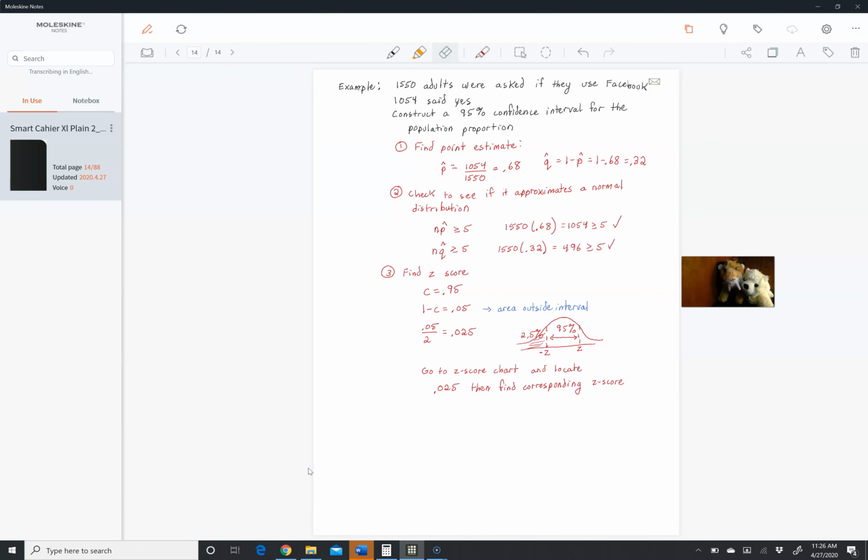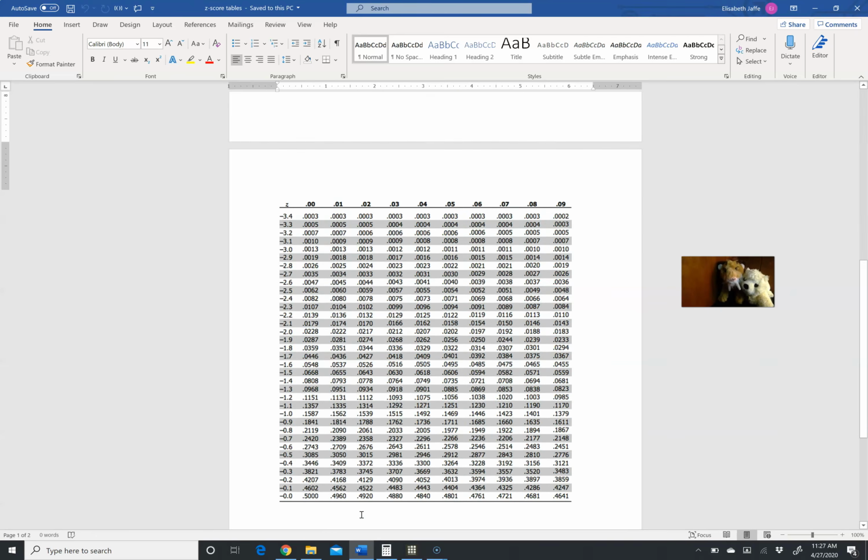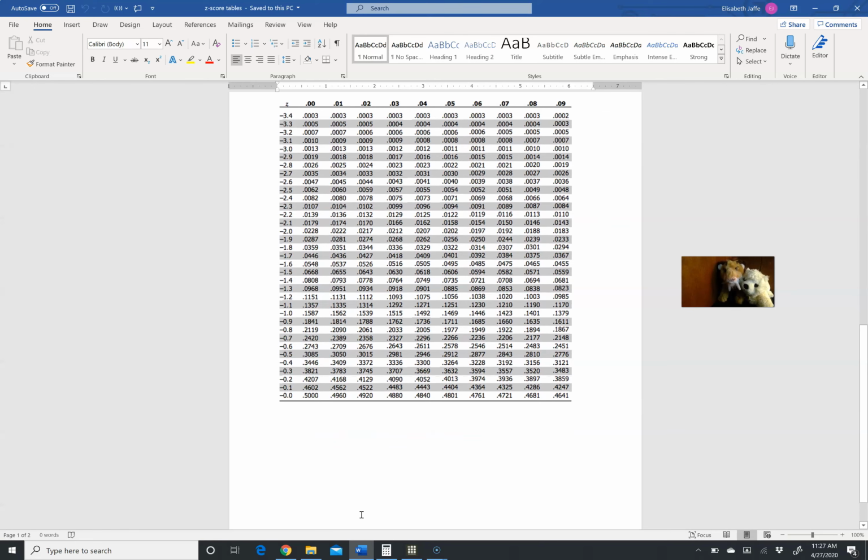We've done this before with a 95% confidence interval, but let's go to the z-score anyway. We're at 0.025, so we're going to be in the negative. We'll always be in the negative, but when we look at the z-score, we take the absolute value. So at 0.025, if we look for that number, we're right here.